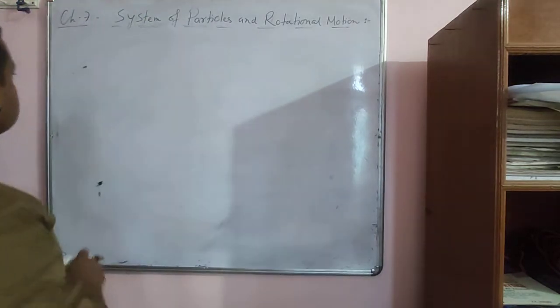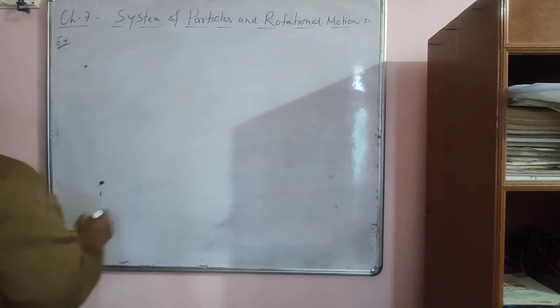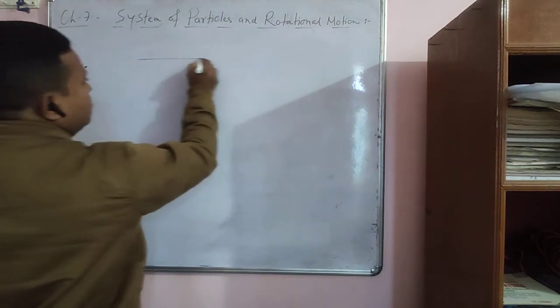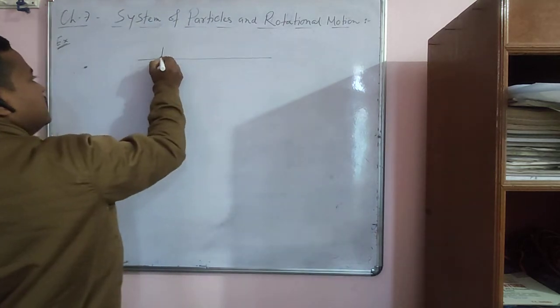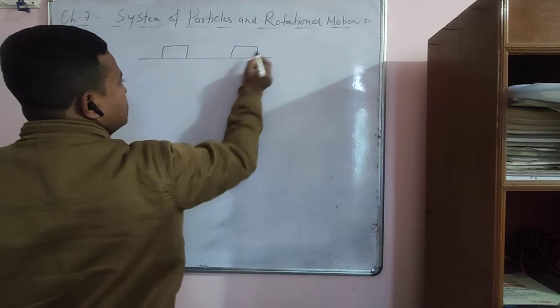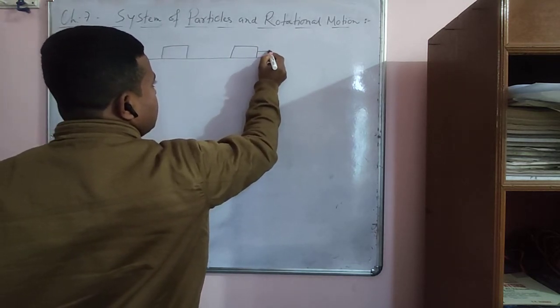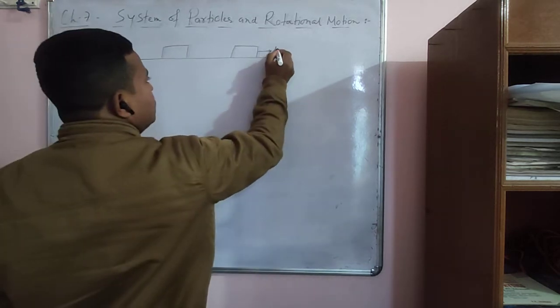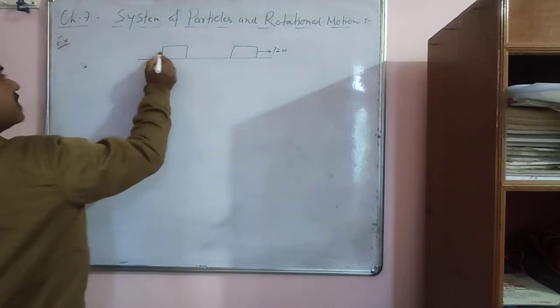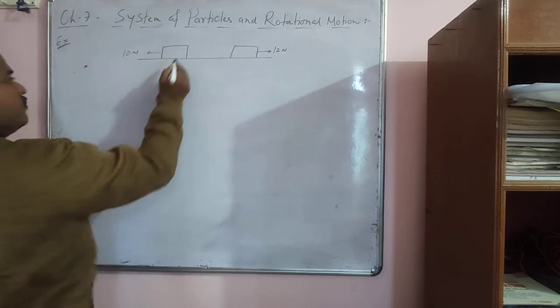Okay, so let me take another question. Suppose here this is a body and this is a body. Suppose here I am applying a force 12 Newton, and here suppose I am applying a force in this direction 10 Newton, and suppose friction is there.